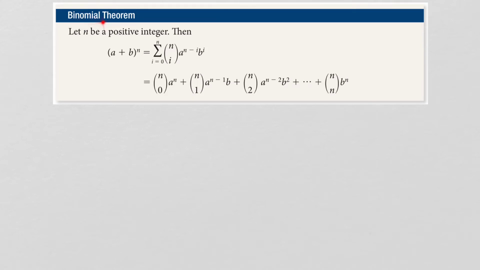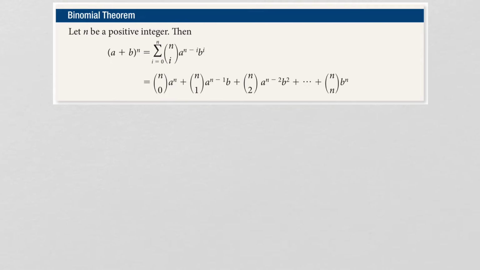So the binomial theorem says if you have the binomial a plus b and you want to raise it to the n power, where n is some positive integer, then you can do this by taking the summation i equals 0 to n of n choose i, a to the n minus i times b to the i.